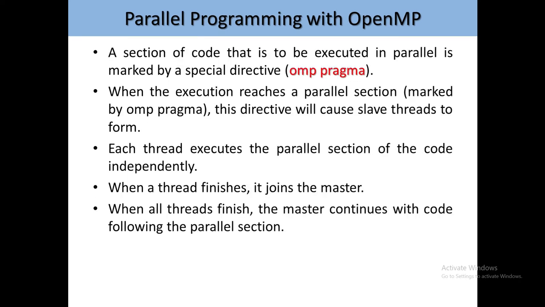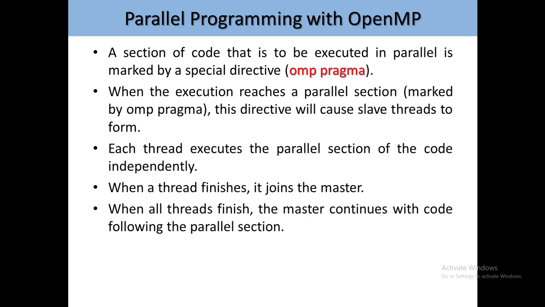A section of code that is to be executed in parallel is always marked by a special compiler directive called OMP pragma. OMP stands for OpenMP. When the execution reaches a parallel region which we have marked with the help of OMP pragma, this directive will cause slave threads to form or to fork.